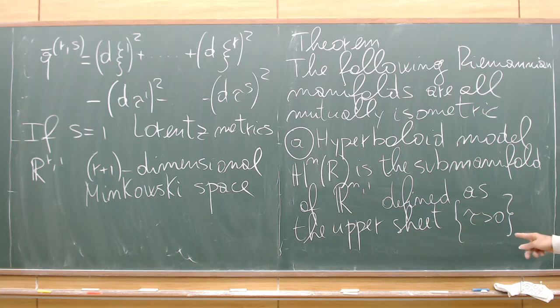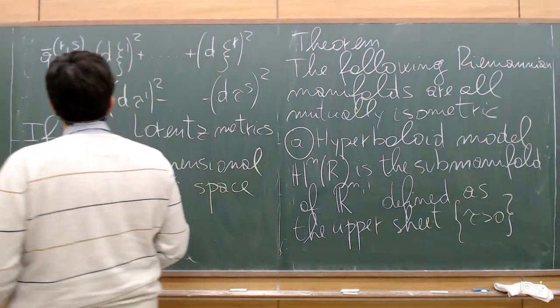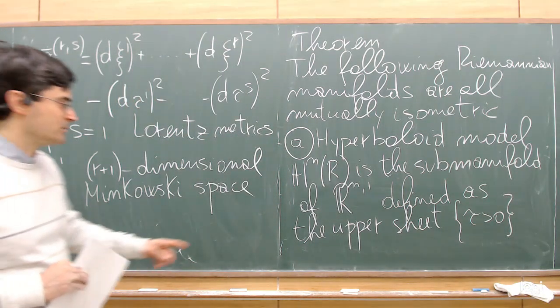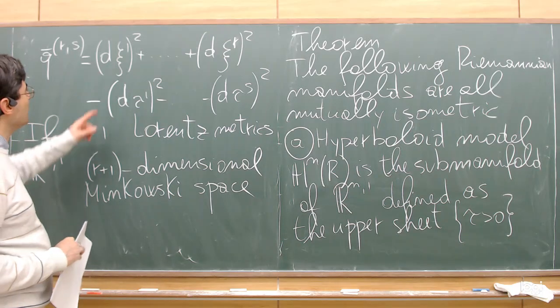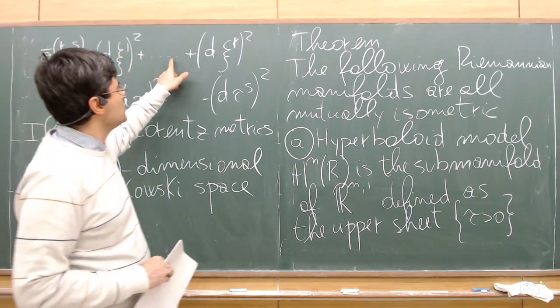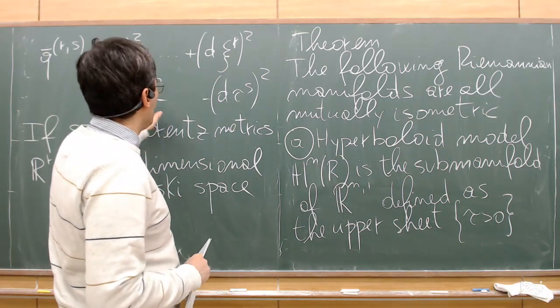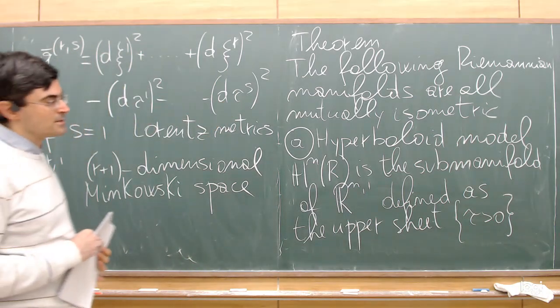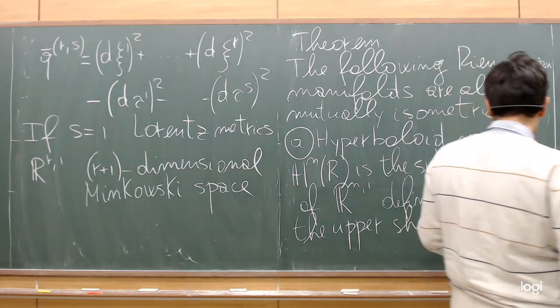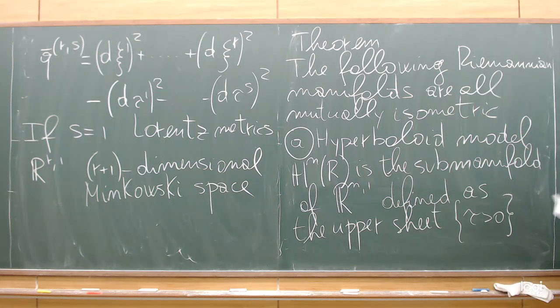Do you remember our coordinates for this kind of spaces are c1, c2, ..., cr, tau 1, ..., tau s. In this case s is 1, and instead of writing tau 1 I will just use the notation tau.